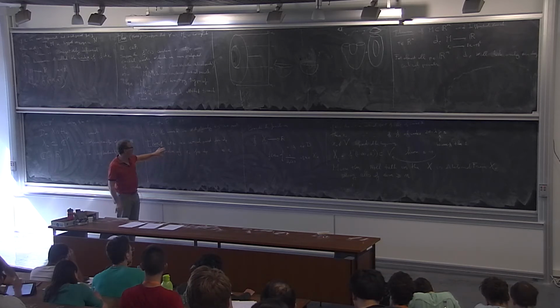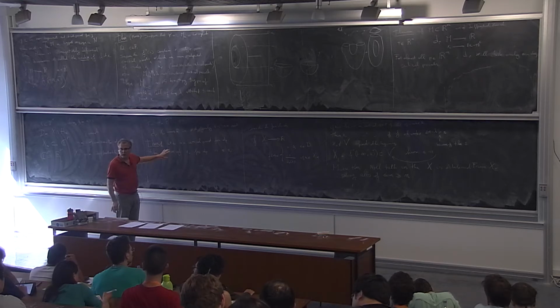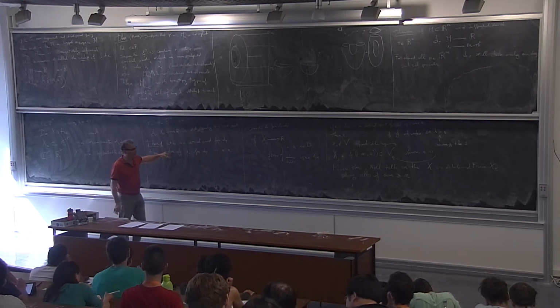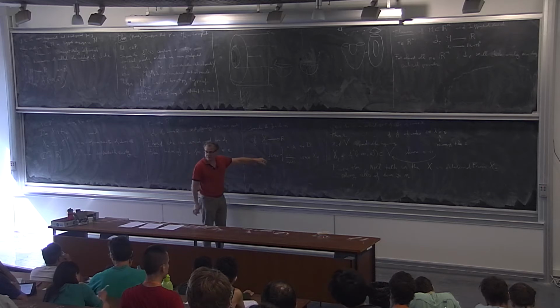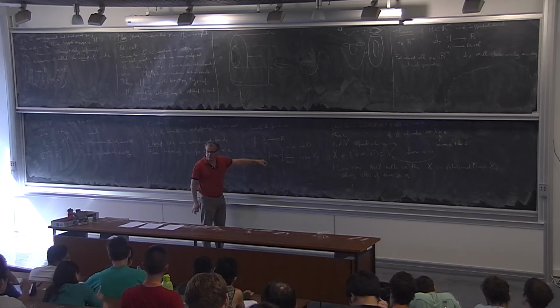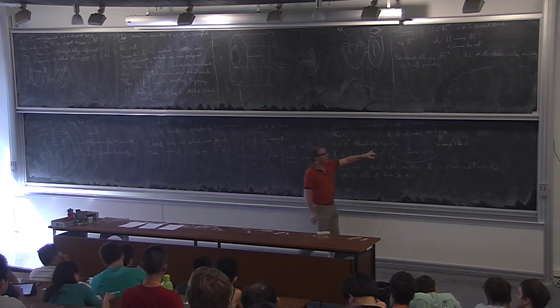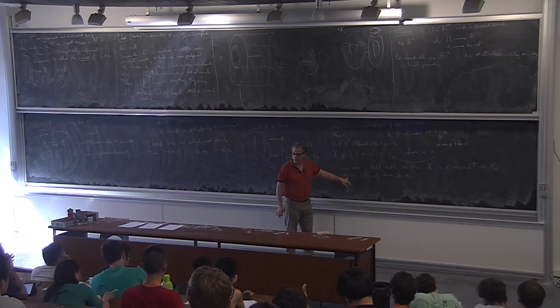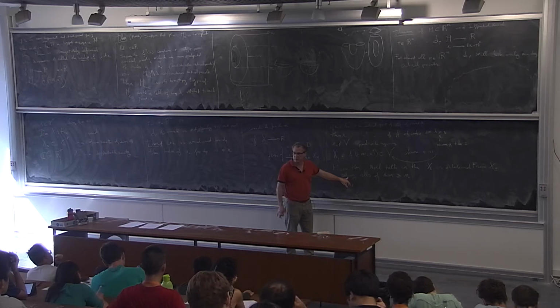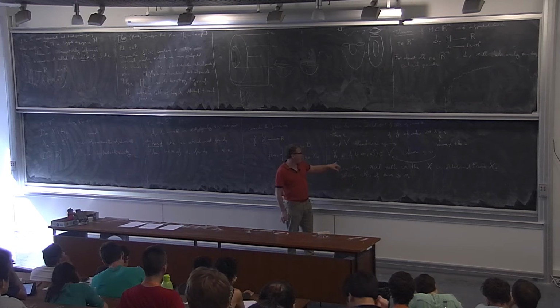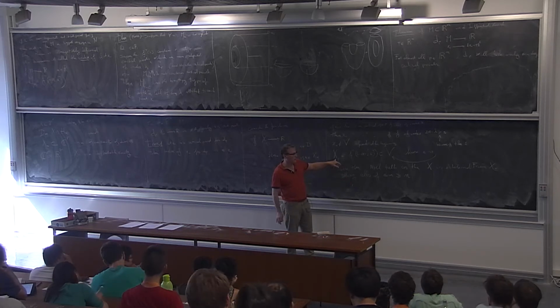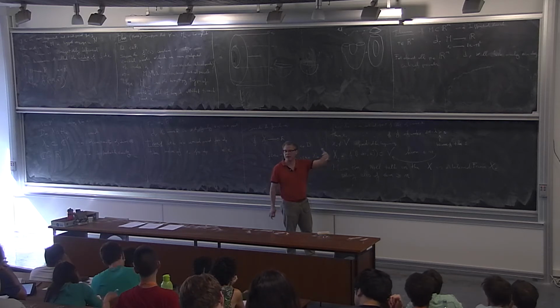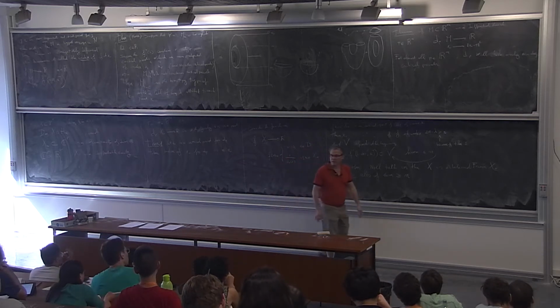Because theorem 1 made me build this function, and the critical points of this function are of index bigger than n, and then I can apply this argument. So I built X epsilon, and X is obtained from X epsilon by adding cells of bigger dimension.